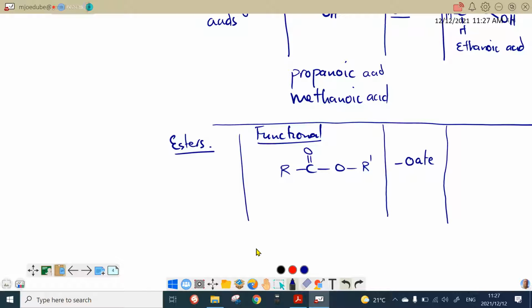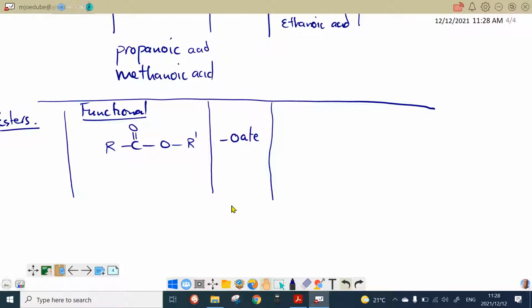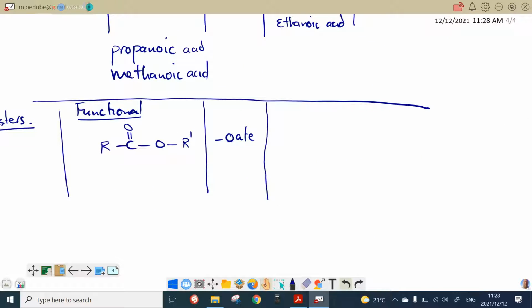So if you have an ester that is formed from the reaction between a carboxylic acid, let's give an example here, the carboxylic acid is ethanoic acid, plus methanol.